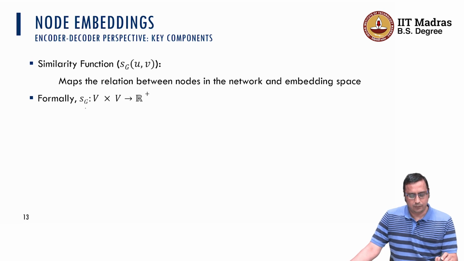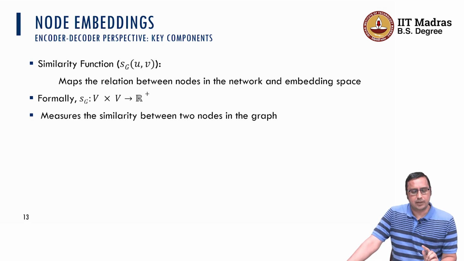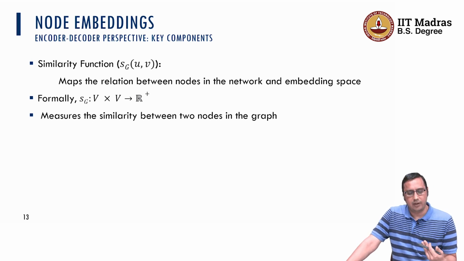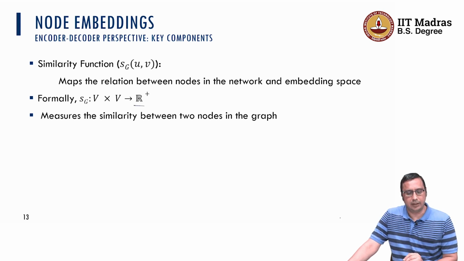So it will take two nodes in V cross V and project them into R plus. It provides a measure of the similarity between two nodes in the graph. There are different measures of similarity we will discuss in the future, and that can be used to represent a number which is in R plus.